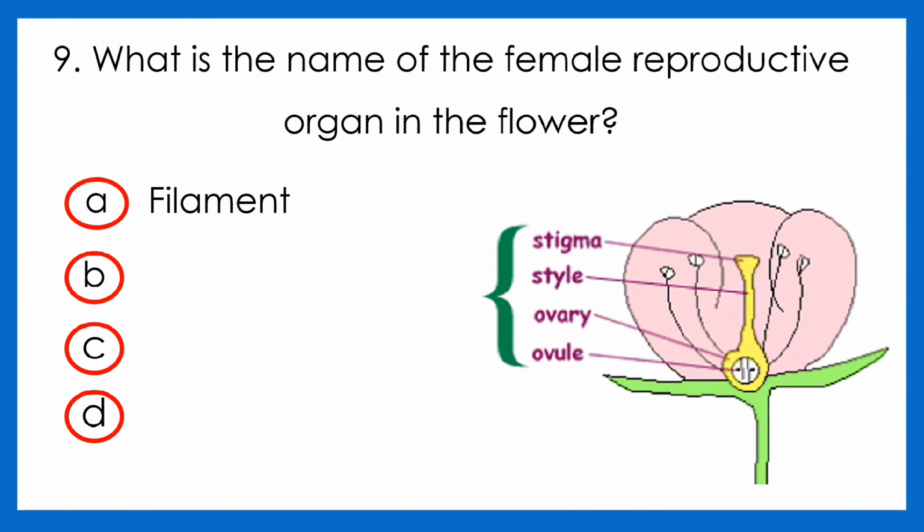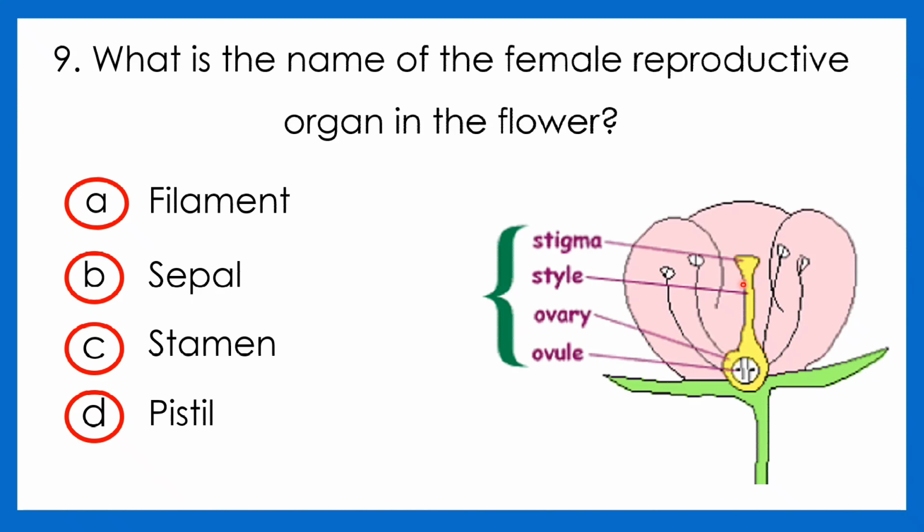B, sepal. C, stamen. Letter D, pistil. So what do you call the female reproductive organ of a flowering plant?